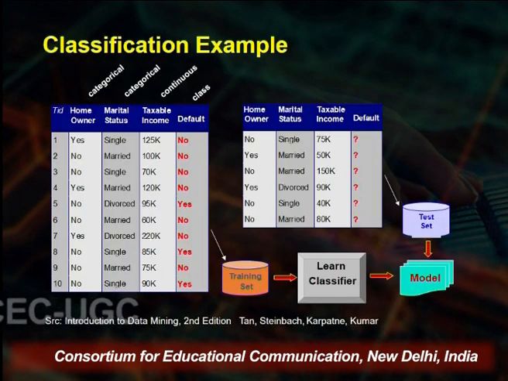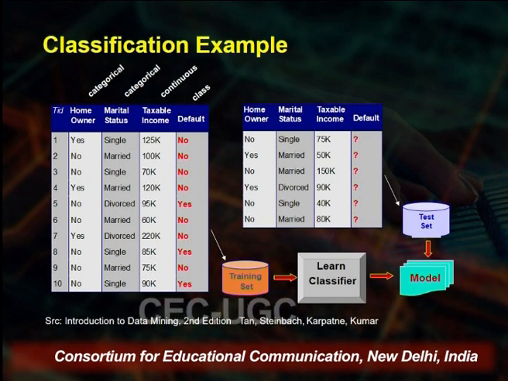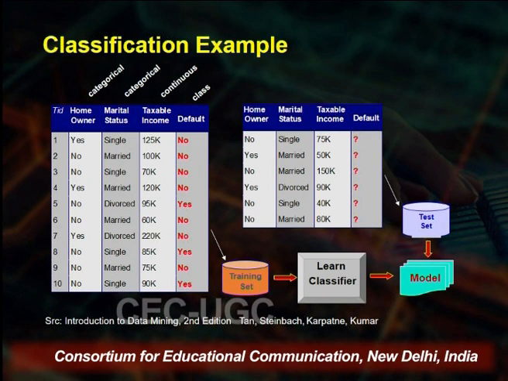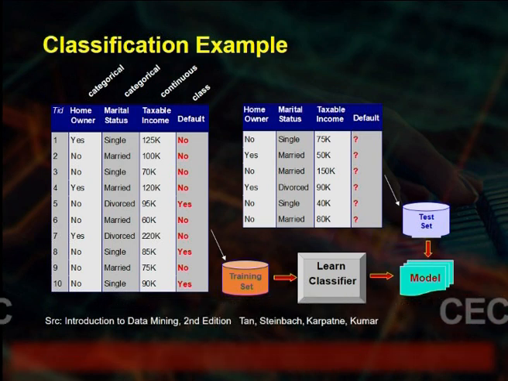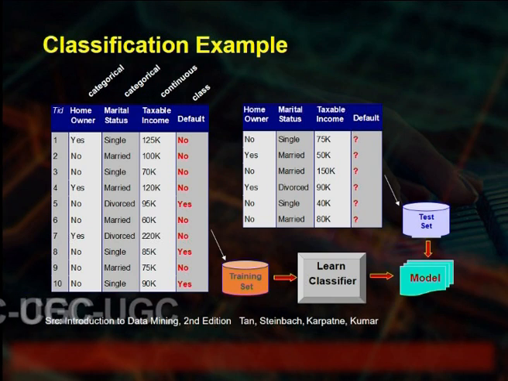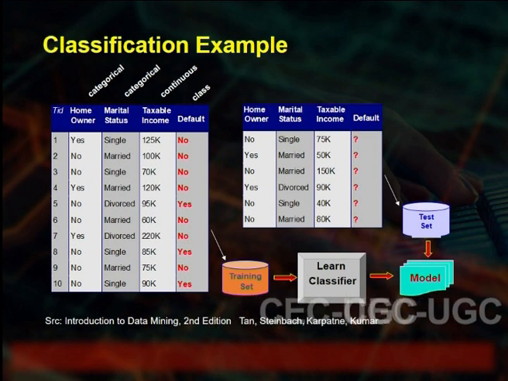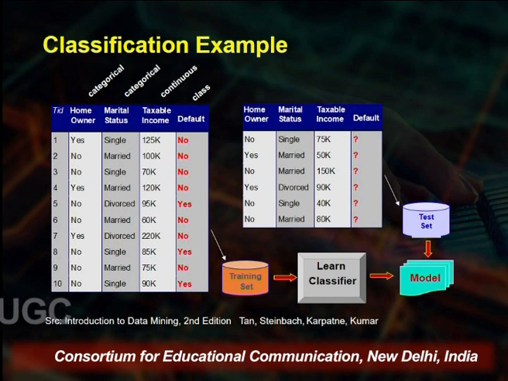Okay. So basically when we are looking at the classification attributes, we have seen earlier that there are multiple types of attributes. There are categorical attributes, where you have binary values like whether you are a homeowner, yes or no, or whether the marital status is single or married, or you can also have a multi-value categorical attribute like single, married and divorced.